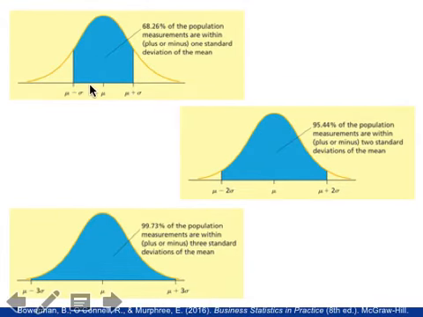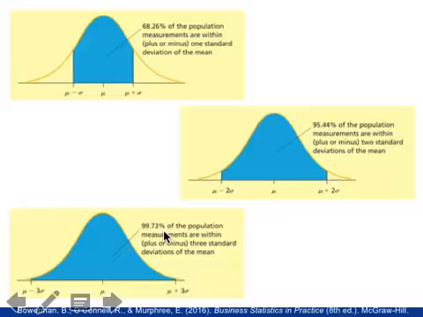The first one shows us the interval 1 standard deviation from the mean, so 1 to the left and 1 to the right. It gives you a proportion of 68.26%. But if the interval is 2 standard deviations from the mean, the percentage is 95.44%. And finally, the interval 3 standard deviations from the mean gives you a proportion of 99.73%.